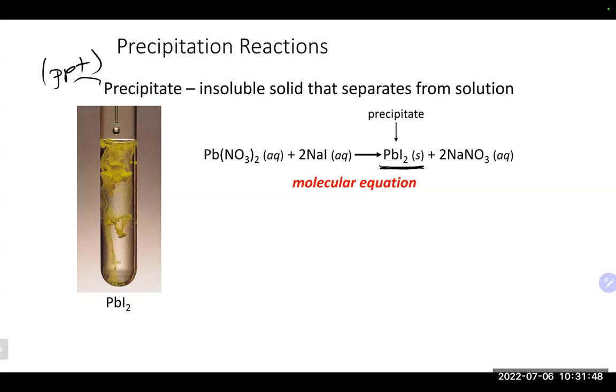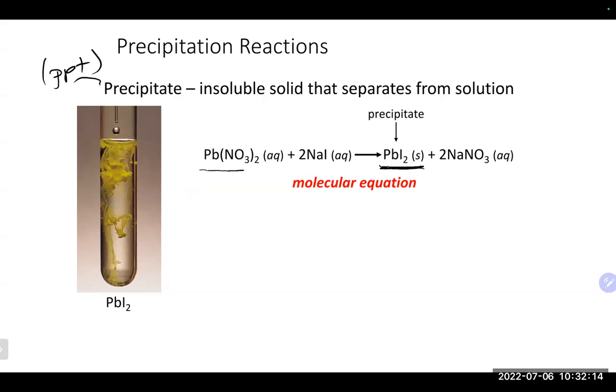We could actually write a couple of other types of equations that really describe what is happening in this situation. We have some aqueous stuff over here. Aqueous means solutions, basically. And these are ionic compounds, which means they are pretty much going to be strong electrolytes. So when this is in solution, we could write an equation to help us understand what's really going on.